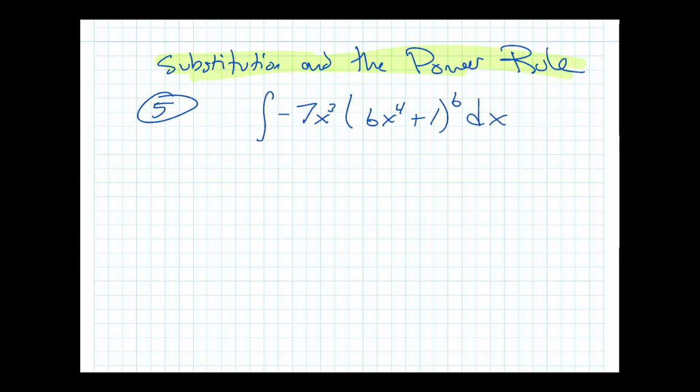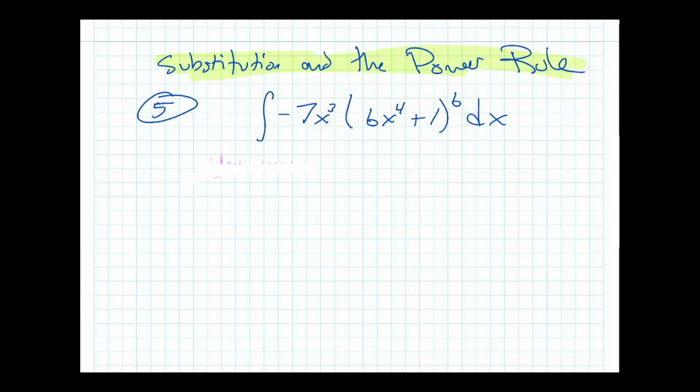Okay, so here we go. This is going to be a substitution integral, similar to the previous one. Why is it substitution? It's substitution because you either have to do substitution or multiply it all out.